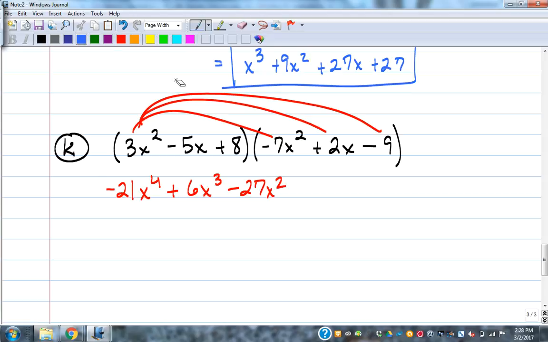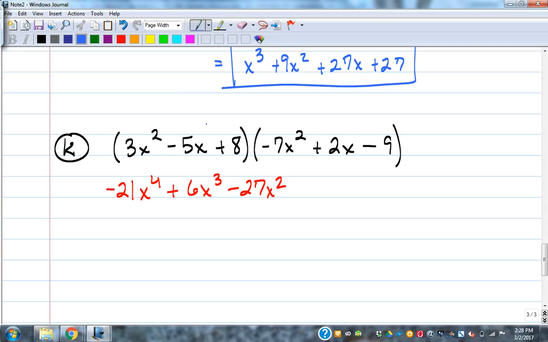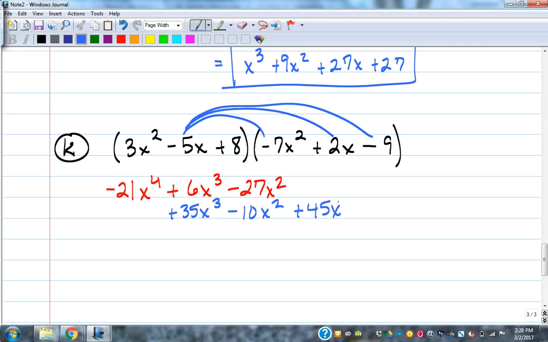Then I'm going to distribute the negative 5x to all 3. So negative 5x and negative 7x squared will be positive 35x to the 3rd, negative 10x squared, positive 45x.